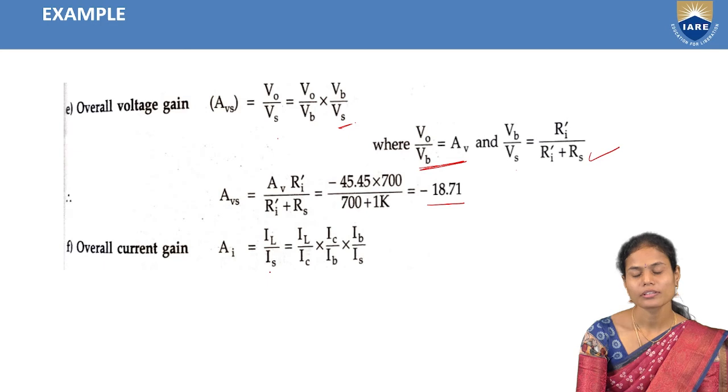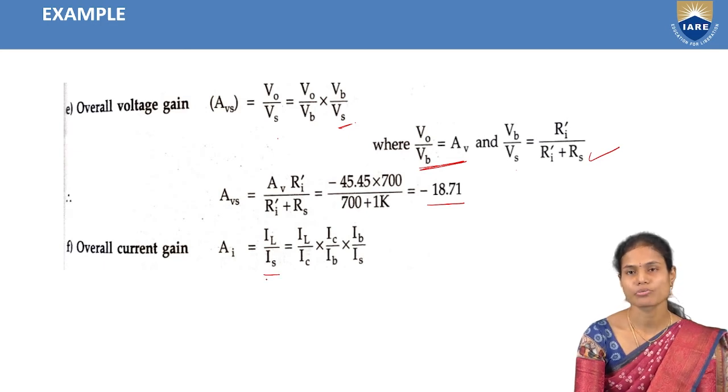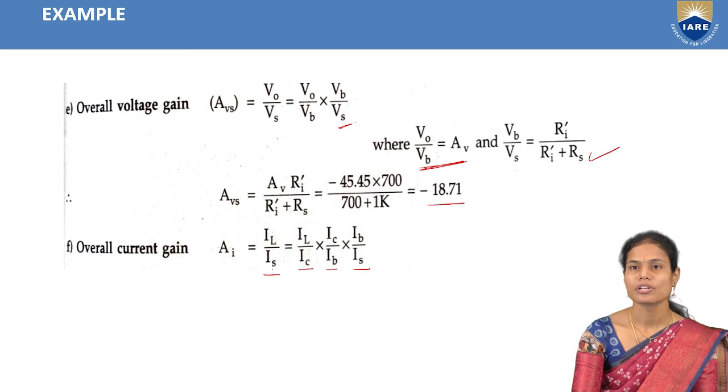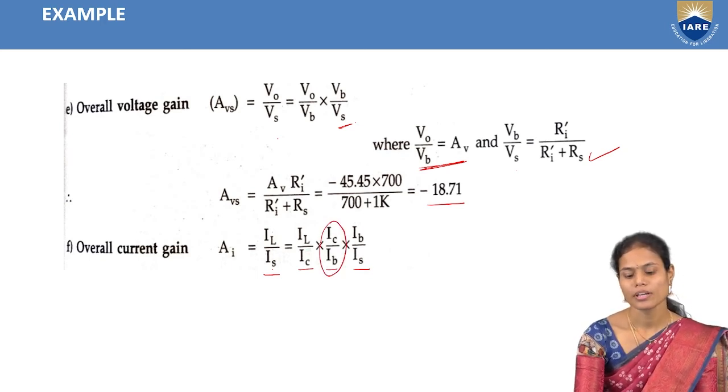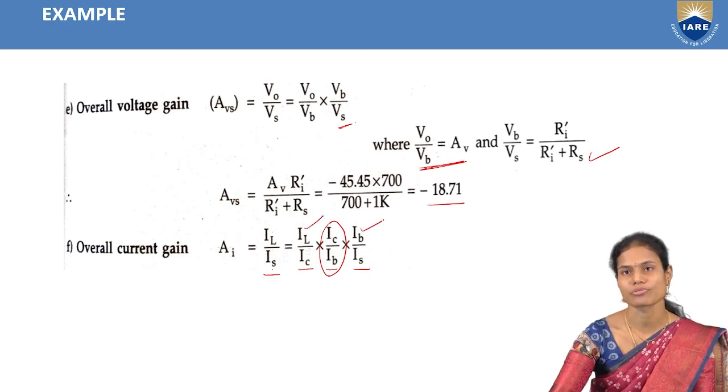While coming to the current gain by considering the source resistance, it is IL by IS. Again, we can write it as IL by IC into IC by IB into IB by IS. Here we have the IC by IB value from the hybrid model. We need to find IL by IC as well as IB by IS values.